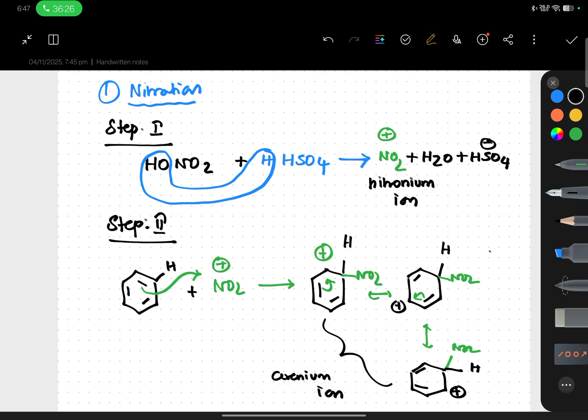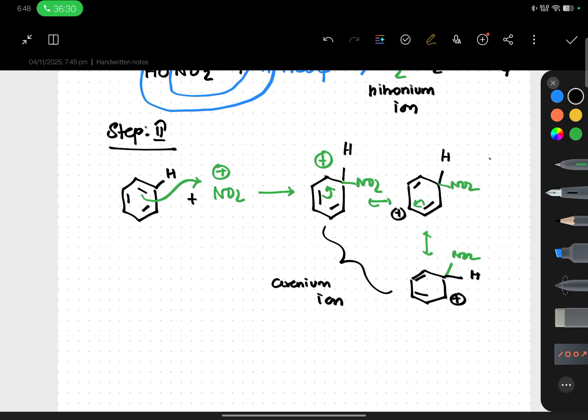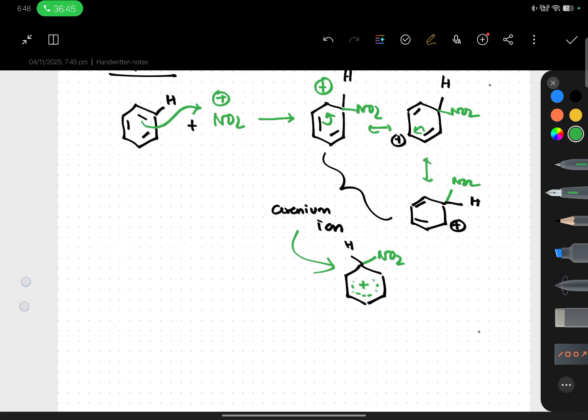All the three are separately called arenium ion, or together also it is called arenium ion. How will you write it together? Draw the benzene ring with a hydrogen, NO2 outside. Since there is a positive charge, you put a plus charge inside. This is what the arenium ion is.